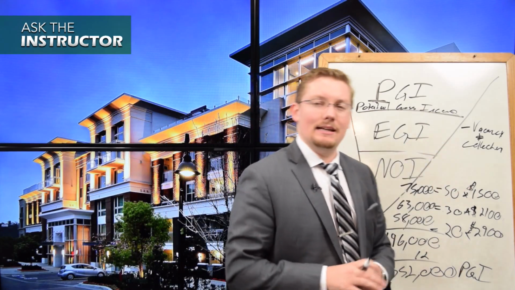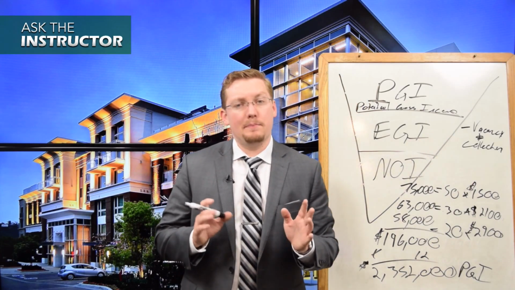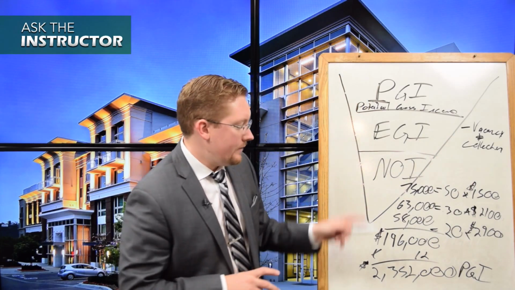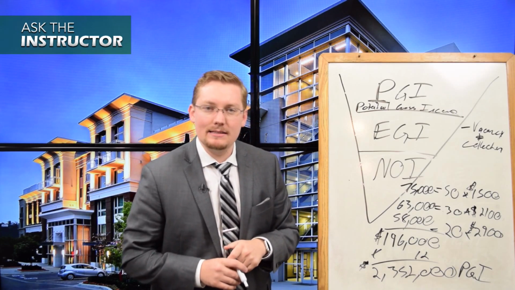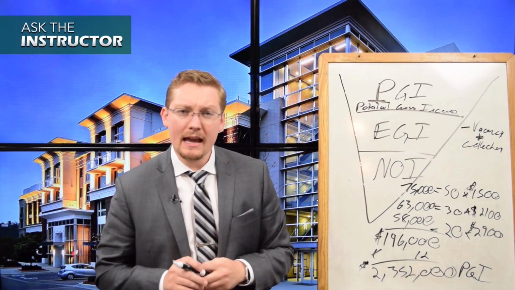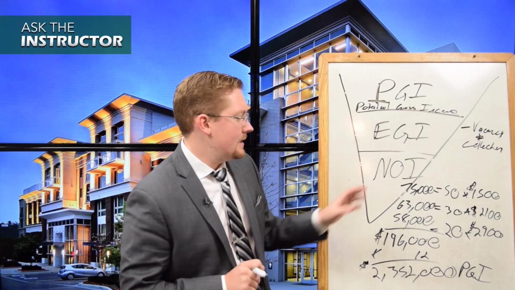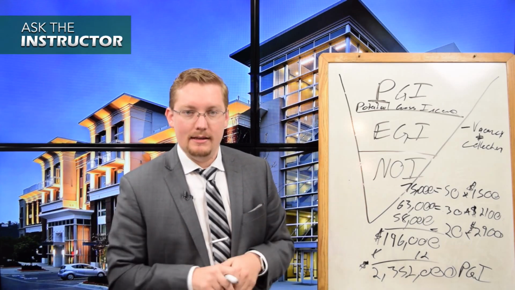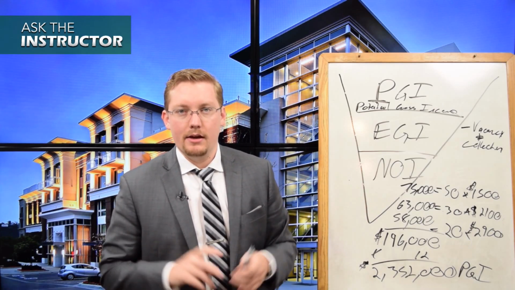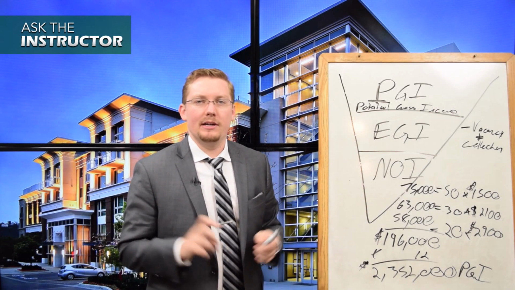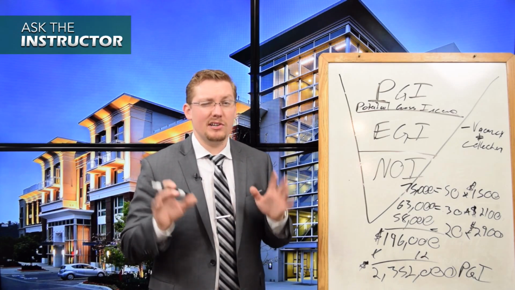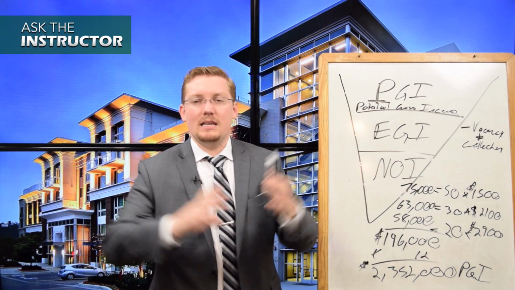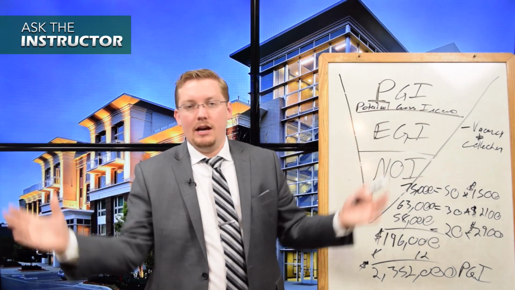So these vacancy and collection losses are going to be a percentage typically. And this depends on how in demand this property is. Now my advice for this, because you might hear something about market vacancy and collection losses: don't concern yourself with market vacancy and collection losses. Market vacancy and collection losses are based off of an entire area.